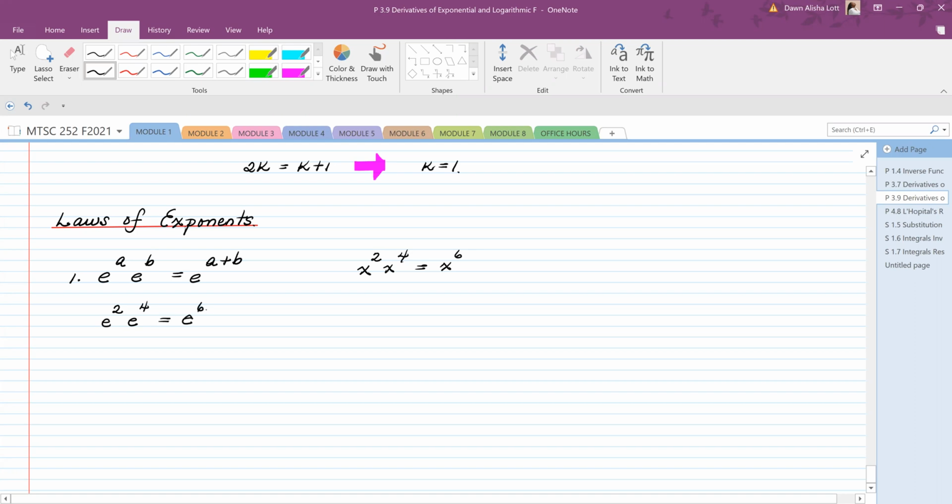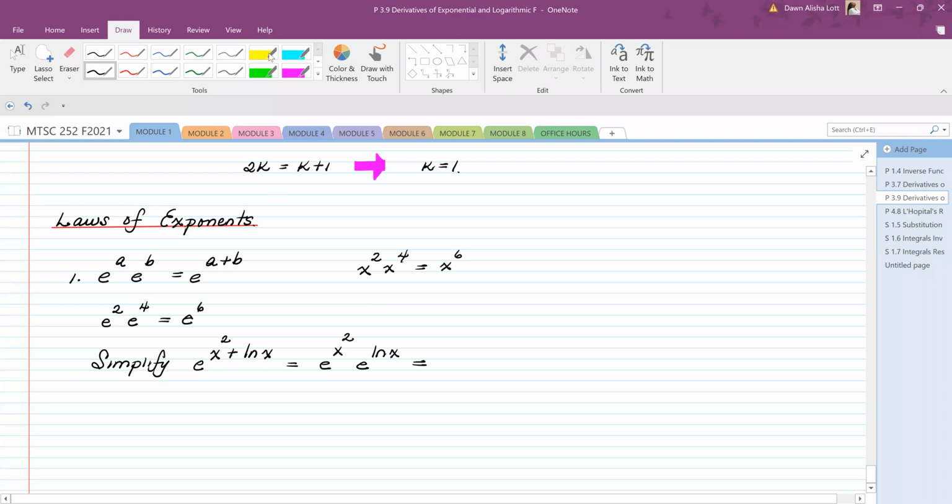Okay. It also works to break things up. So we can simplify e to the x squared plus the natural log of x as e to the x squared times e to the natural log of x.